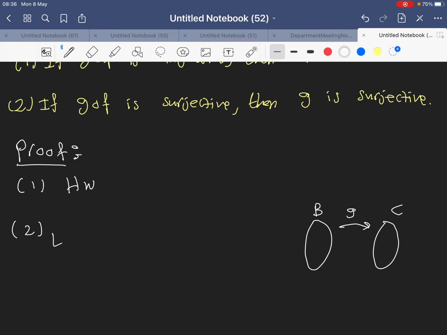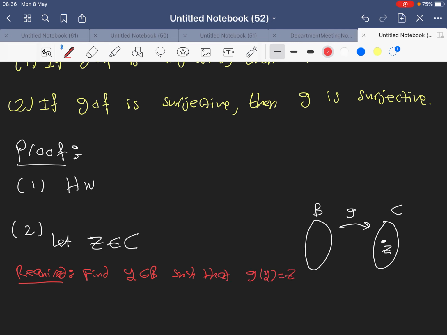Remember, to show G is surjective, we must take something, I will call it Z in C, and as required, I need to find an input that is mapped to Z. So we need to find Y in B such that G of Y equals Z. That's the meaning of surjectivity: I will give you an output, find for me an input that maps to it.